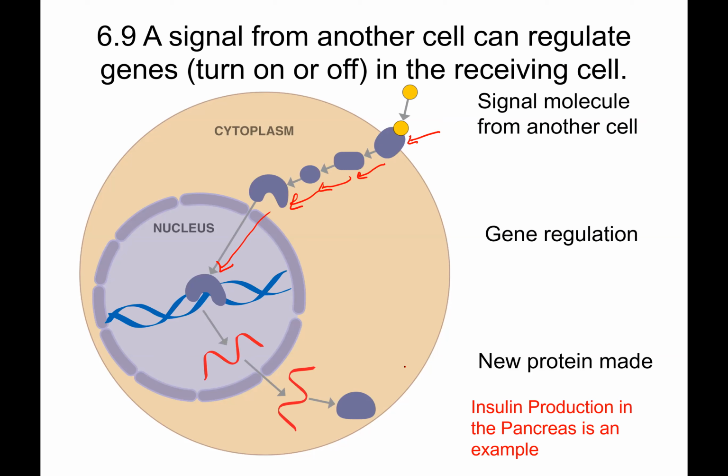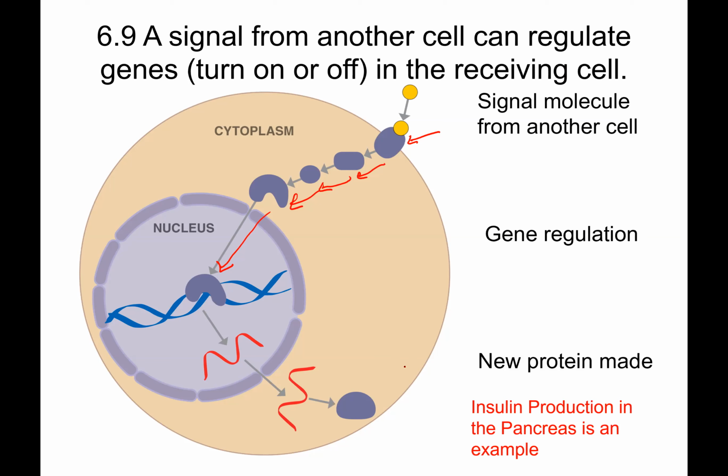A good example of a signal transduction pathway would be the production of insulin. So you have cell-to-cell signaling that sends a signal that insulin needs to be released. It travels to that target cell, undergoes the signal transduction pathway, gets to the nucleus, and affects mRNA production for the insulin gene.